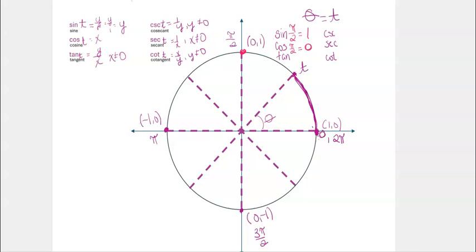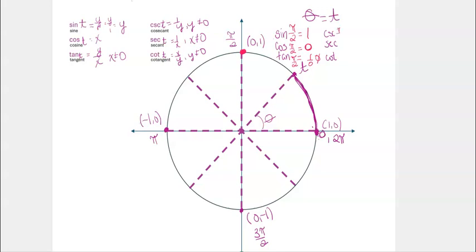And of course the tangent would be y over x. The tangent of pi divided by 2, I didn't give myself a lot of room there, would be y, which is 1, over x, which is 0, which is undefined. There is no tangent function of pi over 2. It's undefined. Cosecant would be 1 over y, right?